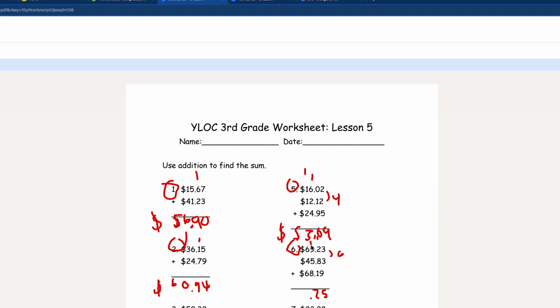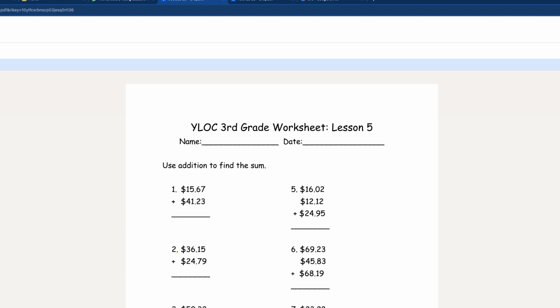So carry the 1. 1 plus 9 is 10 plus 5 is 15 plus 8 should be 23. So carry the 1. The 2 here. So 2 plus 6 is 8 plus 4 is 12 plus 6 is 18. So your final answer should be $183.25.